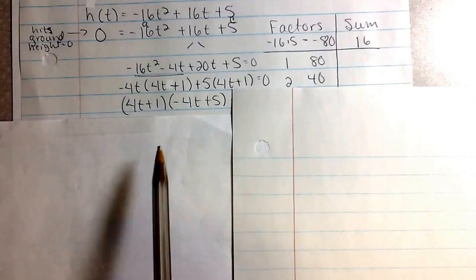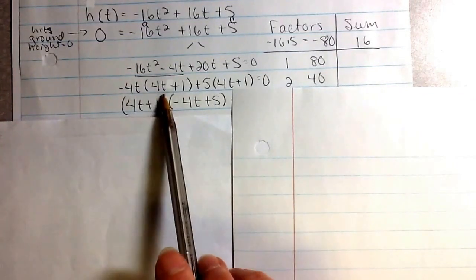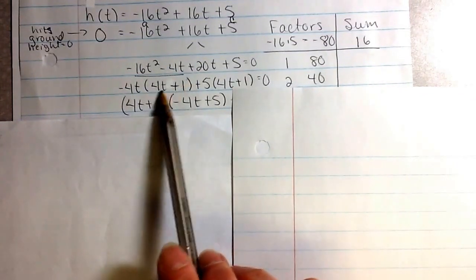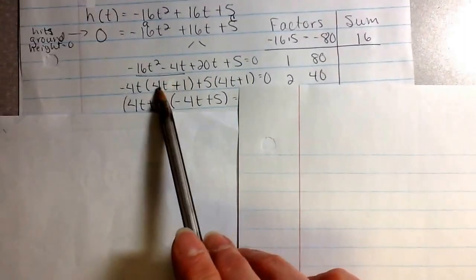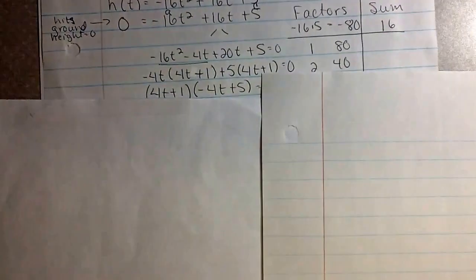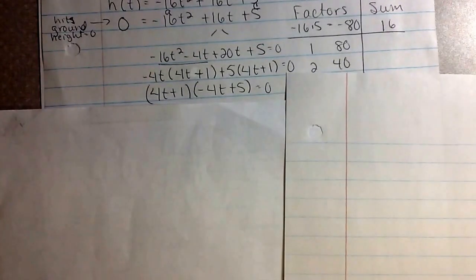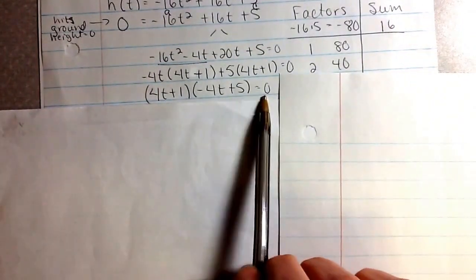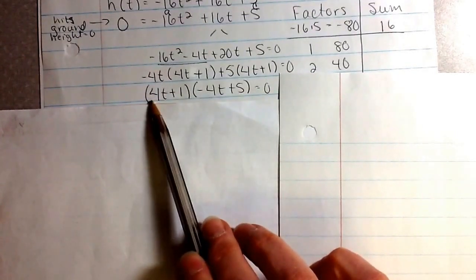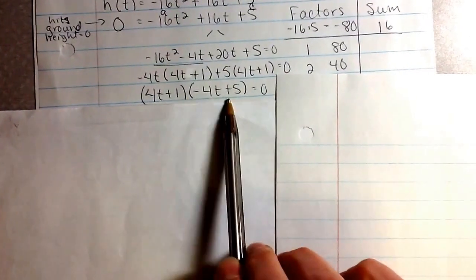Taking out the parentheses, 4t plus 1 comes out in front, and when you cover that up, you're left with negative 4t plus 5, and that's equal to 0. The zero product property says if you multiply two things together and you get 0, the first one has to be 0, the second one has to be 0, or they're both equal to 0.